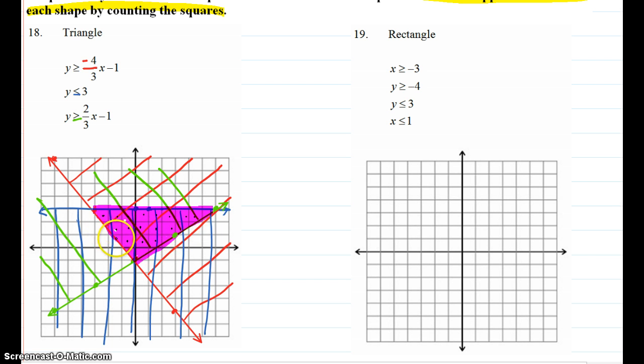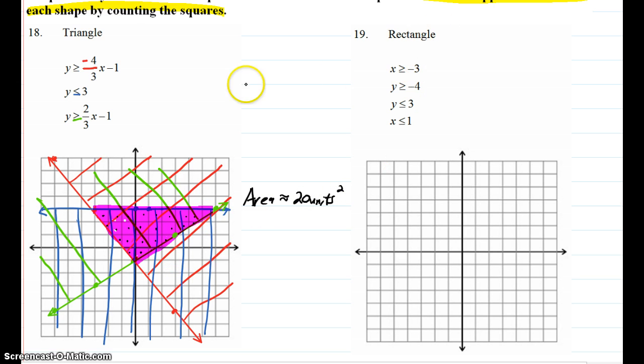So we're at 16. These two will make 17. These two will make 18. This little piece and this little piece will be 19. And this piece and this piece will be 20. So I would say the area is approximately 20 units square. So it's 20 of those little square boxes.